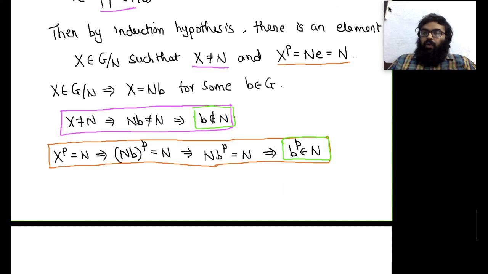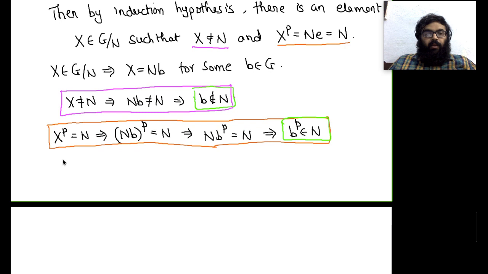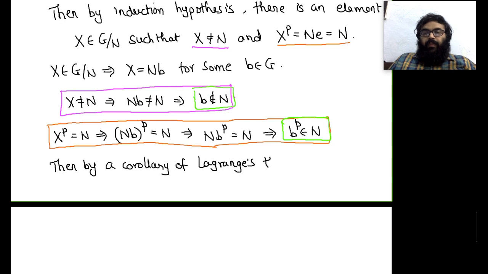So by a corollary of Lagrange's theorem, which I am writing here: a belongs to G and G is finite, then a power order of G, the last corollary we proved, what will it be? Identity.